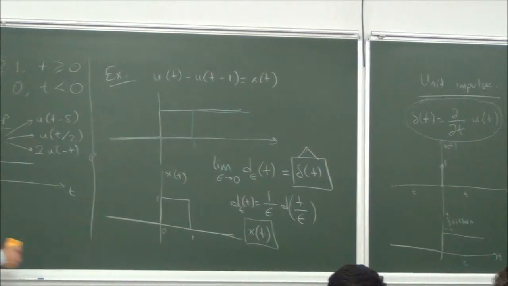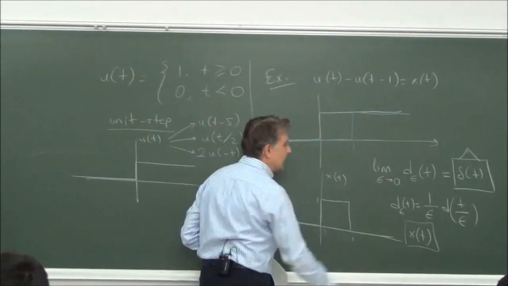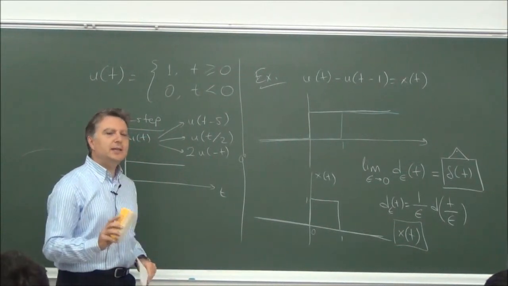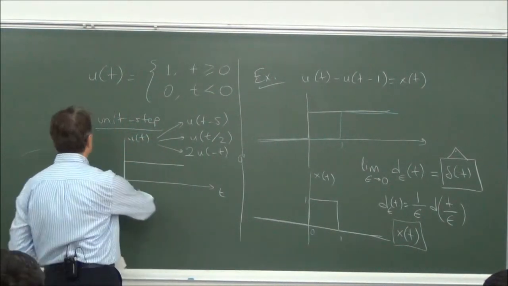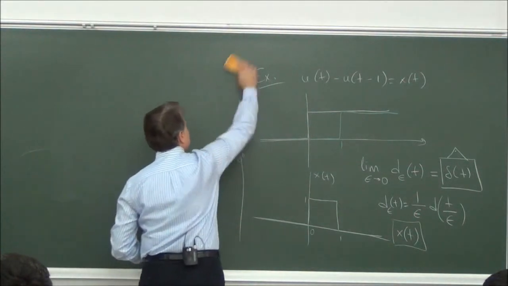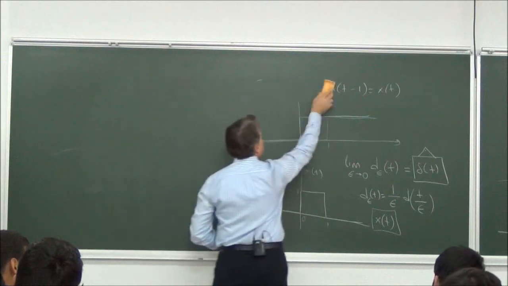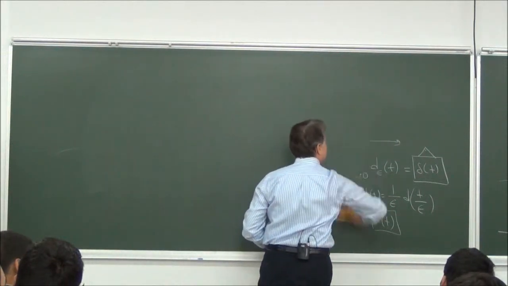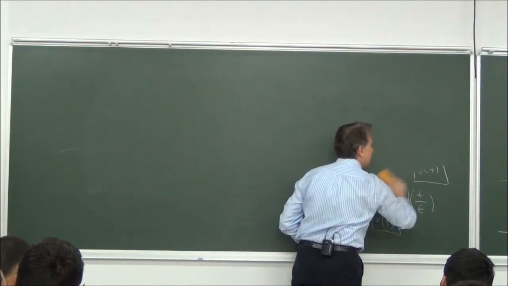That expansion of any signal x with respect to delta is easier to explain in discrete time. So I will start with discrete time. Usually it's easier to understand discrete time signals because we don't have integrals, we don't have derivatives, we don't have limits, we don't have anything.